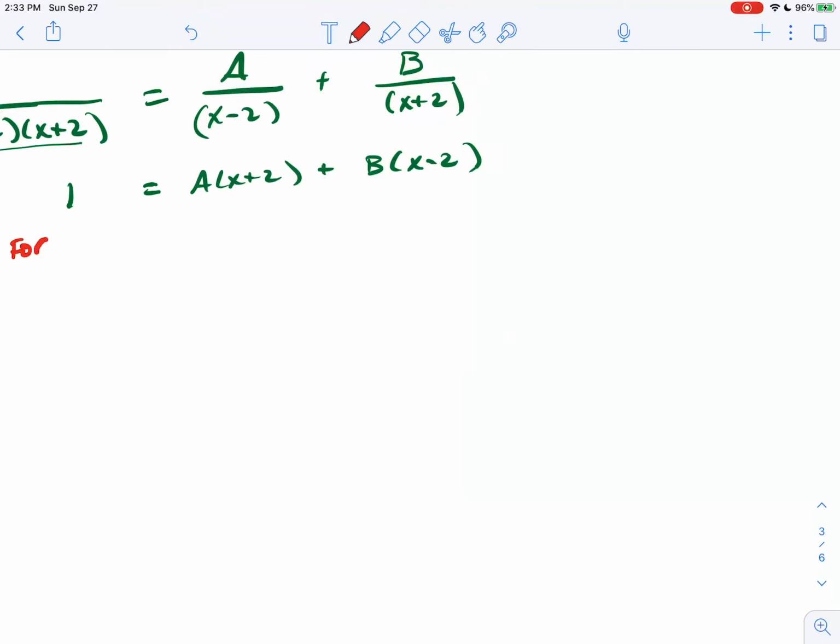And we assume this is true for all values of x, for x equal to negative 2, which makes that first term of x plus 2 equal to 0. I get 1 equal to 0 plus b times minus 2 minus 2. That tells me that 1 is equal to minus 4b, or that b is equal to minus 1 over 4.